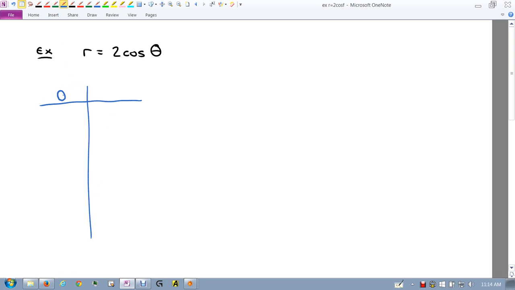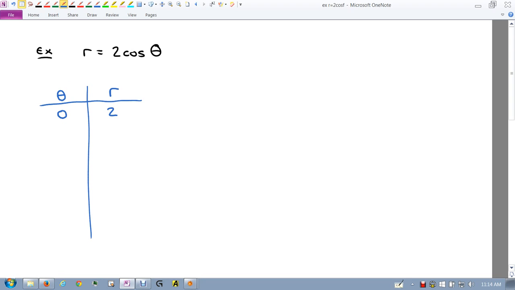Theta is what's controlling everything. The radius is determined by that. So let's start by pointing straight out the polar axis. What's theta? 0? Okay. 2 times cosine of 0 is 2.